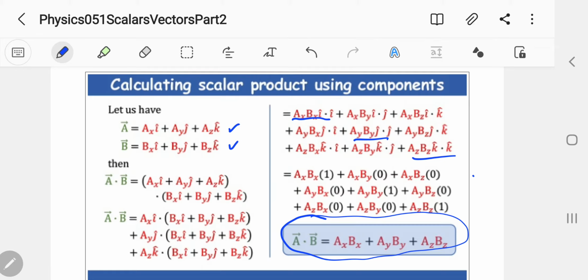So remember that always, because you might make a mistake in solving problems later on. This is also equal to AB cosine theta. So you can find the angle between the two vectors if you use this formula.